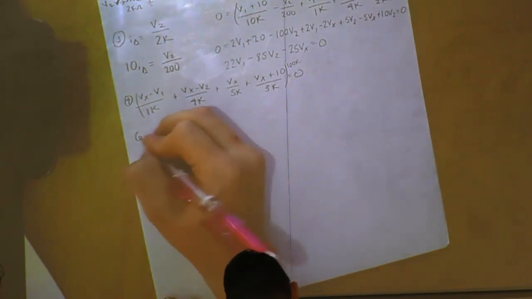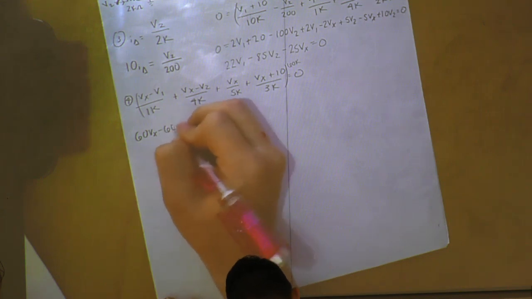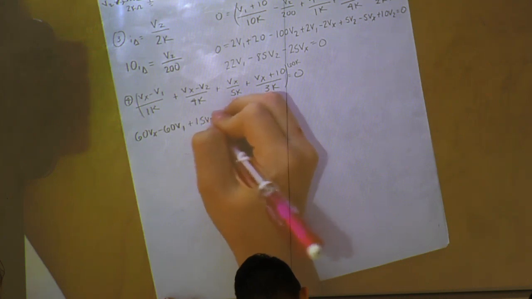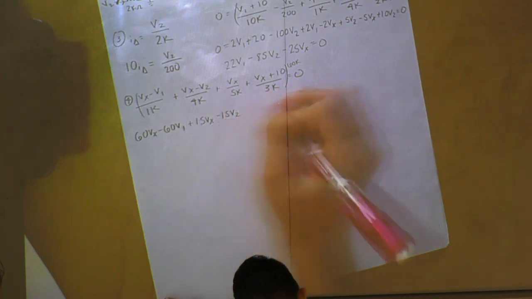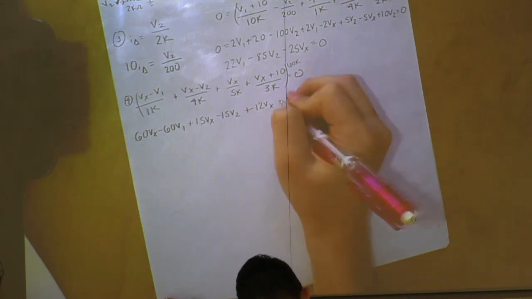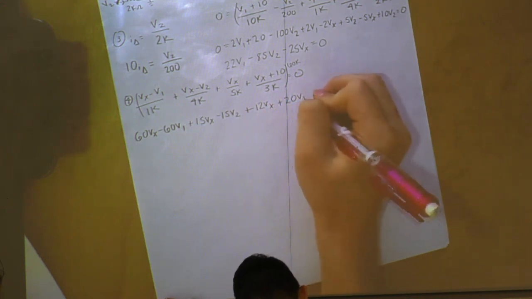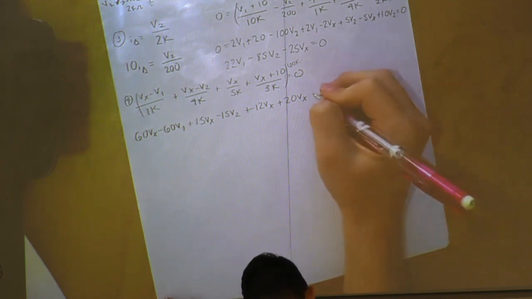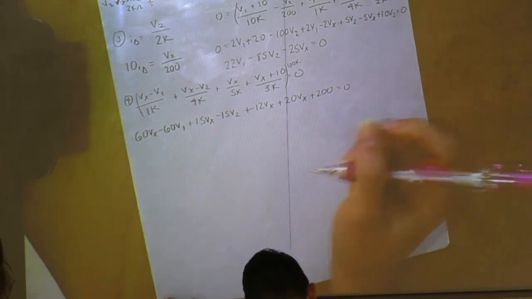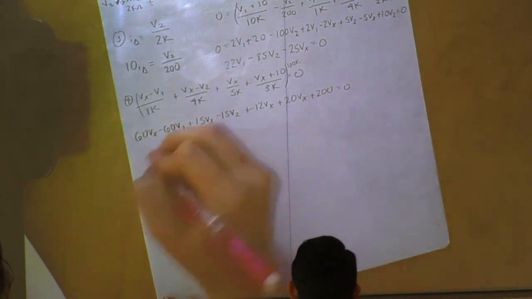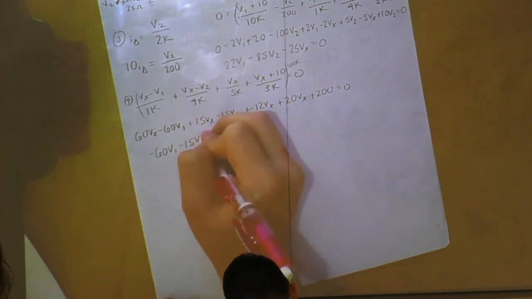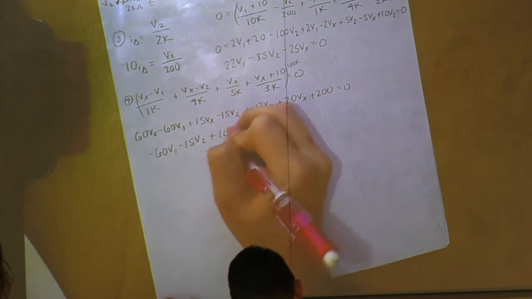So we have 60 Vx minus 60 V1 plus 15 Vx minus 15 V2 plus 12 Vx plus 20 Vx and then plus 200 equals 0. To combine like terms, our V1 will be negative 60, our V2 will be negative 15, and our Vx will be 1 over 7.